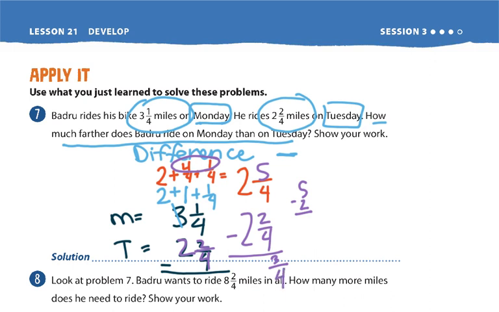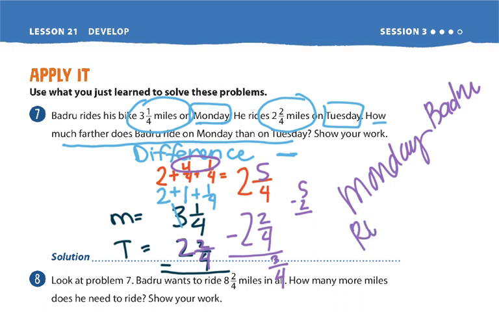Thank you. 2 minus 2 is 0. So on Monday, Badru rode 3/4 of a mile further.